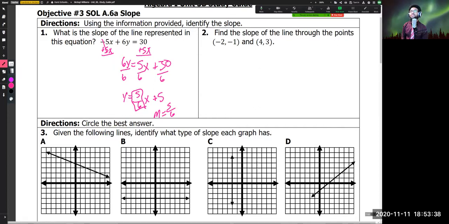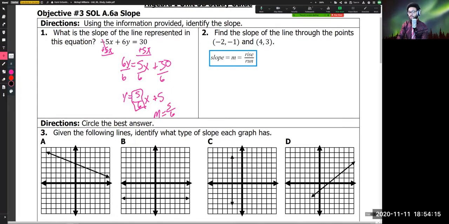All right, now let's look at number 2. Number 2 says, find the slope of the line through the points (-2, -1) and (4, 3). So once again, I'm actually going to type this portion out because my writing isn't the best up here. Remember, our slope equals m, and that's going to be rise over run, okay?